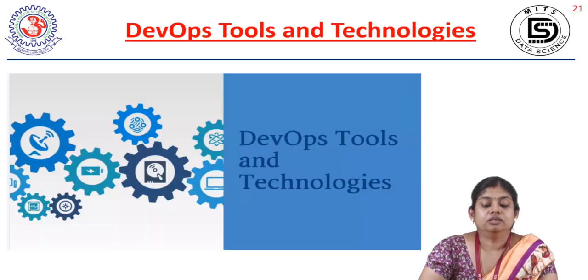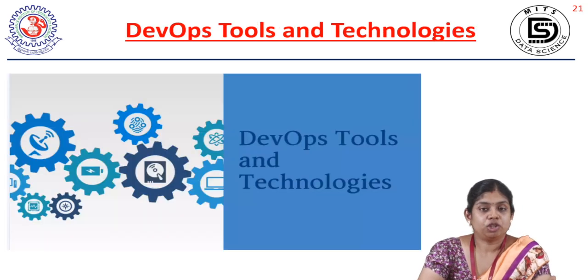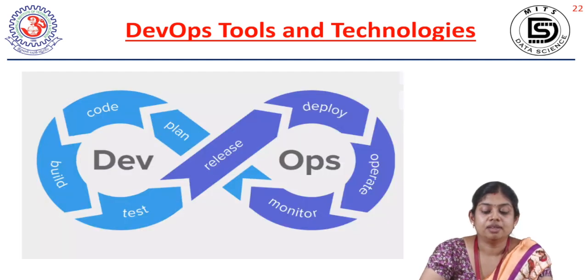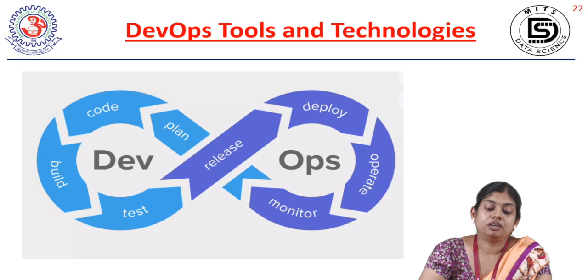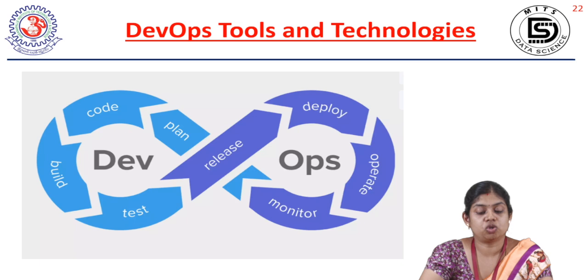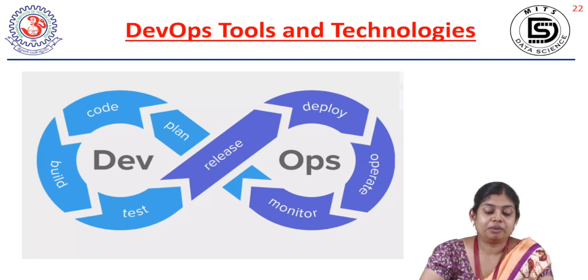And then the tools and technologies. Many tools have come now, and on the whole we need many tools to do all these things together. The development team is there, and the operational team is there. The development tools help them test, build the code, and plan, and the operational team releases, deploys, and operates.